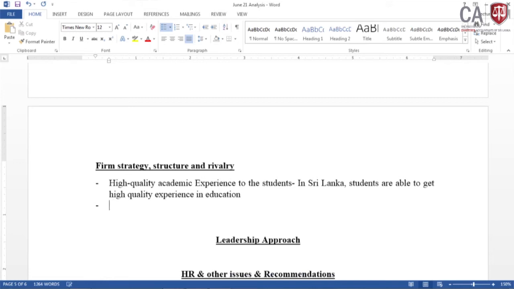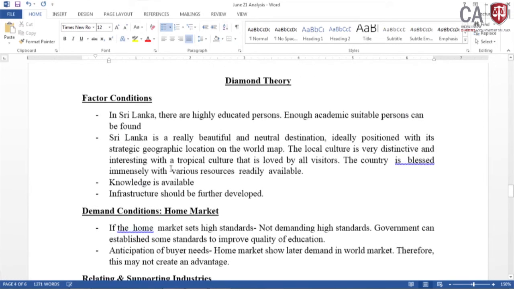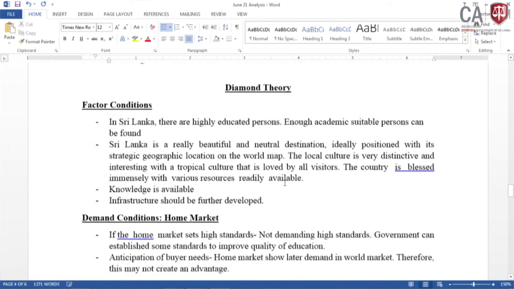Whatever the rivalry, competition is low, no? Still there is no high competition. Competition in the industry is relatively low. Right. So that is diamond theory analysis.